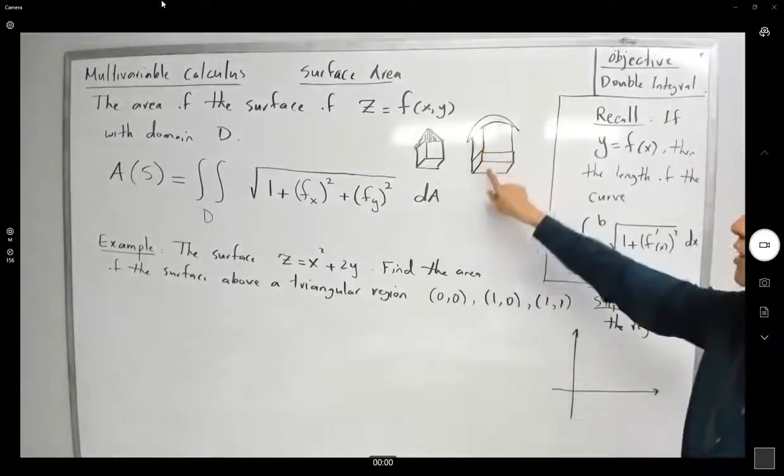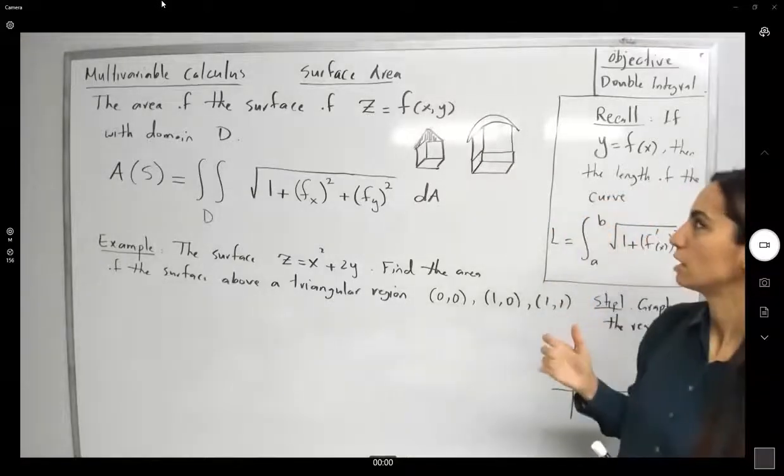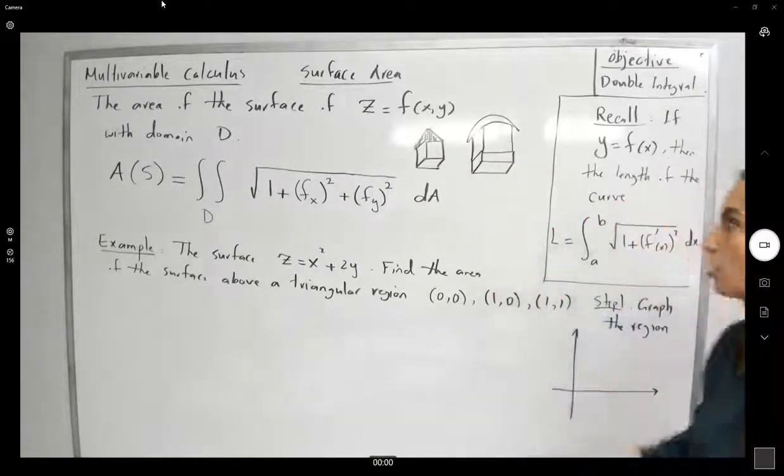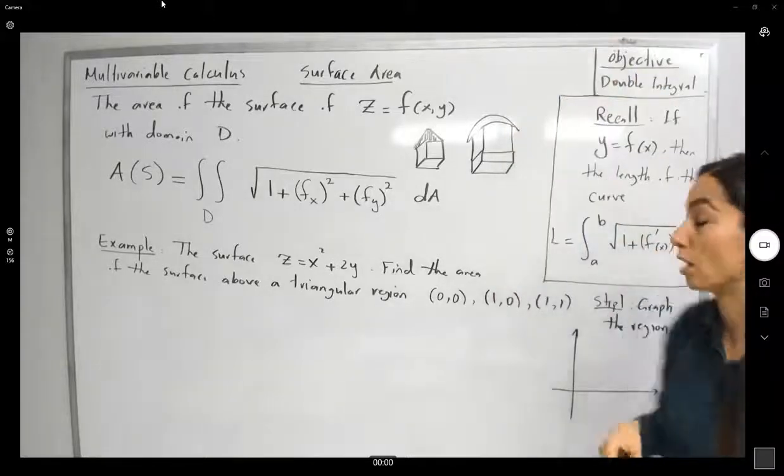The ceiling is different, but as long as we know information about the base, then we can use the double integral to find the height between the base and the ceiling.